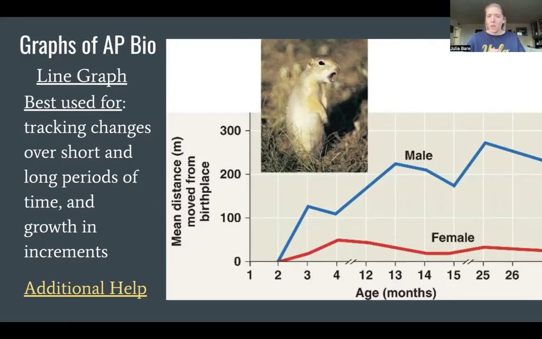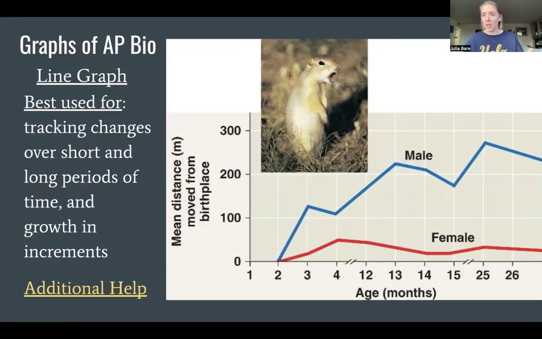Now, if you're looking at that graph or that chart that I'm asking you to fill out, you might notice that in this particular experiment, it's hard to figure out what the control is. One of the things that you'll be asked in experimental design is to figure out what is the control group for an experiment.